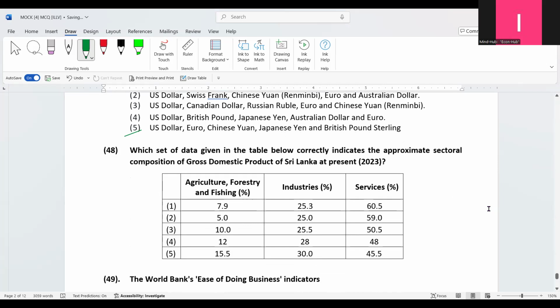Which set of data given in the table below correctly indicates the approximate sectoral composition of gross domestic product of Sri Lanka at present? So the correct answer, I think I have given number 1. Can you guys just check in the answer grid, please? 48.